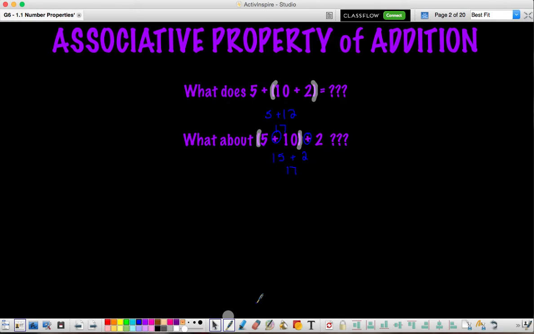When it comes to adding, we can move our numbers and parentheses around as we please, because when you move numbers around and add them together, you get the same thing. So with the associative property, we can move that grouping and it will not change the answer. Okay, and in terms of the associative property of addition, that tells us that if we're adding numbers together and it's all addition, I can move that grouping.